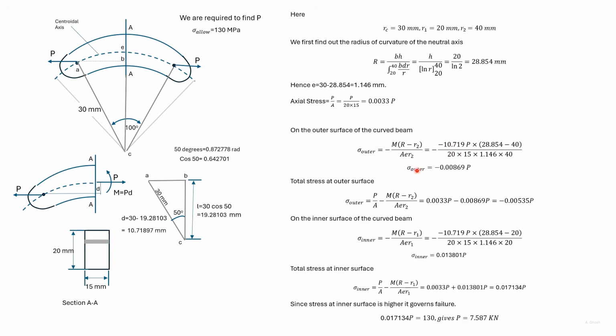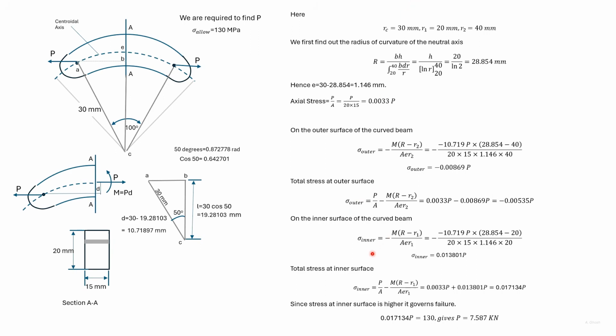We get the stress in the outer surface in terms of P, and the stress is compressive. This is the stress due to bending, which we add up with the axial stress to give the net stress at the outer surface.